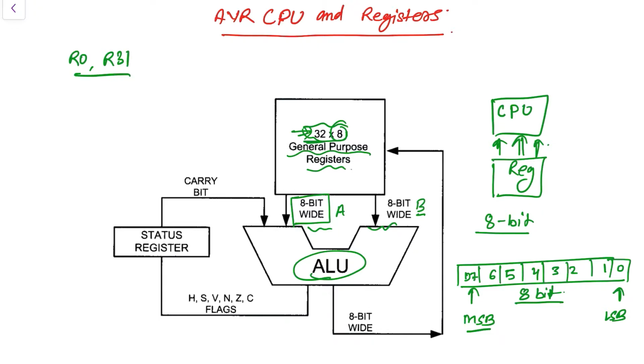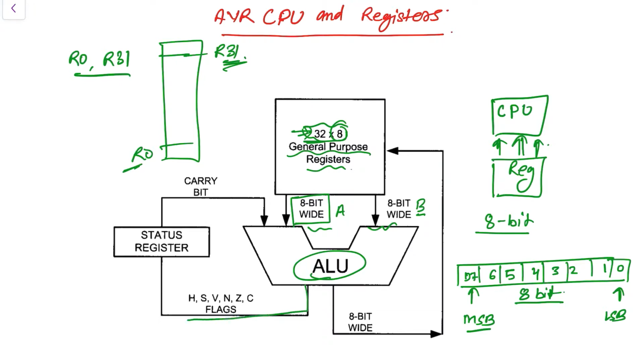As you see, there are 32 general purpose registers from R0 to R31, and the operation can be done on the registers R0 to R31. Once the operation is done, the result will be stored either into the memory or into a register.